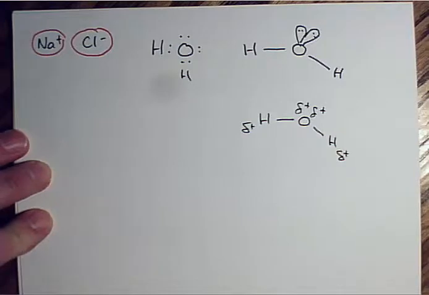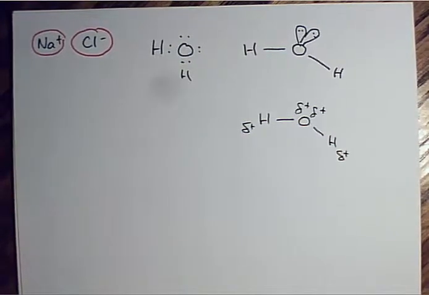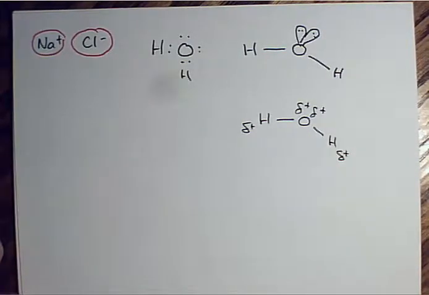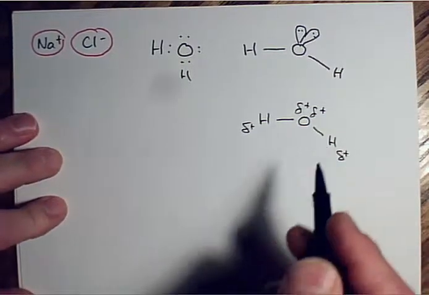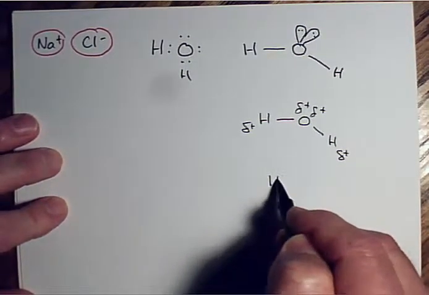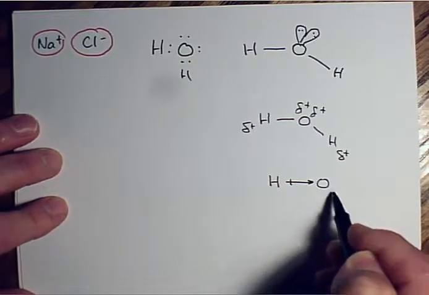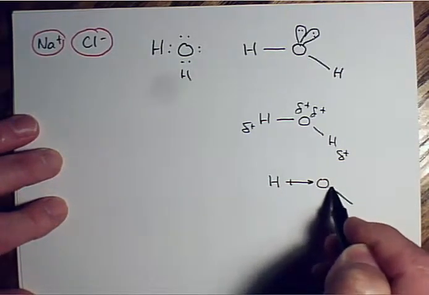What is that? That's a Greek letter, which we just use for the symbol for partial, positive when we put the positive sign next to it. And so, another way we drew that, we did it like this to show this whole idea about the electron spending more time there.